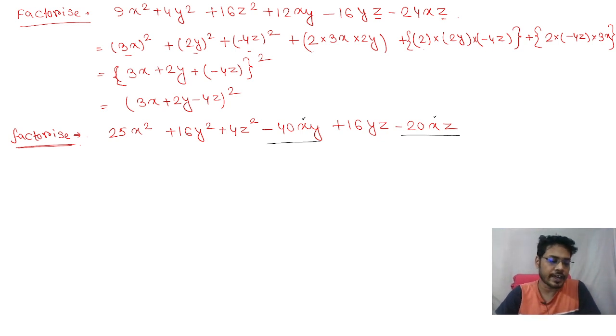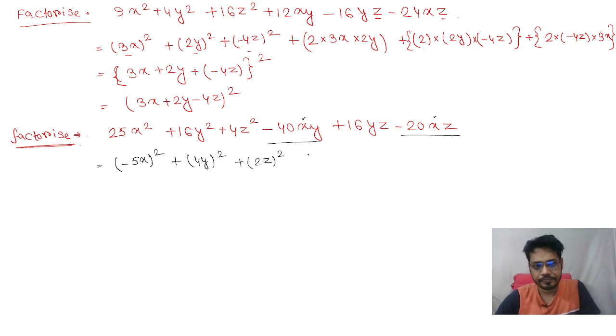The value of x must be negative because if x is negative in these two cases, it makes the terms negative. So now here x is negative, so we can write minus 5x whole square instead of 25x square, plus 16y square we can write 4y its whole square, and 4z square we can write 2z its whole square.